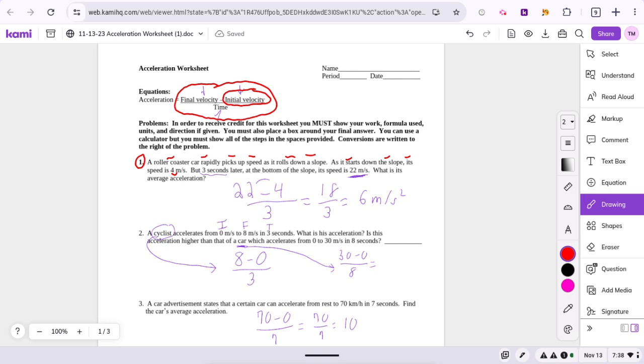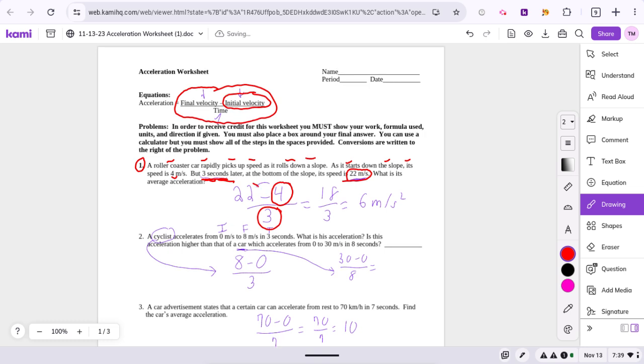Its speed is 4. So as you see here in the equation, I put the 4 here. That's where it starts. Then 3 seconds later, so here we get the time. That's why this is shown here as the time. 3 seconds later, at the bottom of the slope, its speed is 22. So after the time of 3 seconds, that's its speed or velocity.